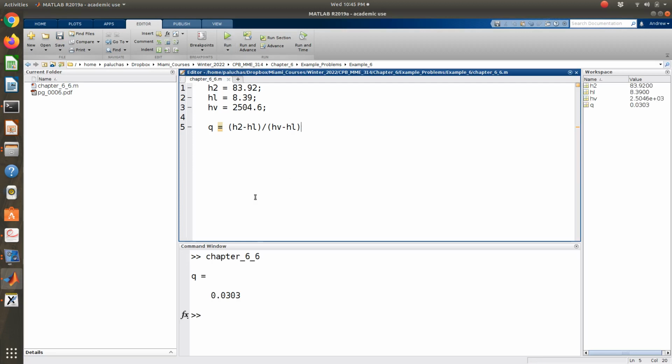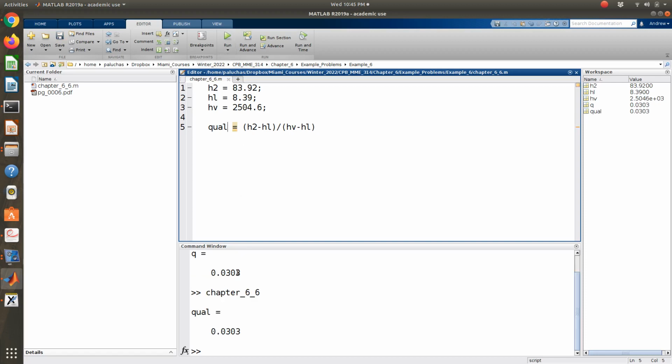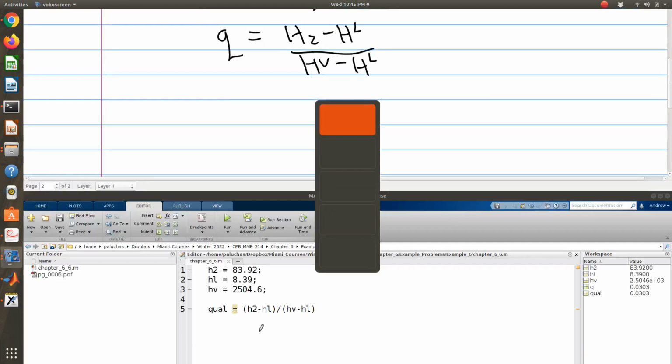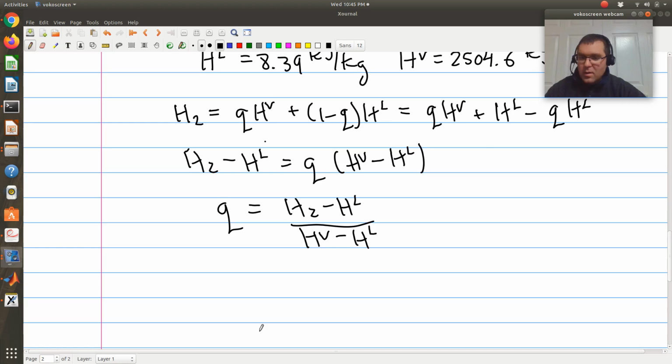Okay, run it. We get a Q of 0.03, Q being the quality. So let me put qual on here just so I keep track of it. Okay. And so the quality is 0.03.